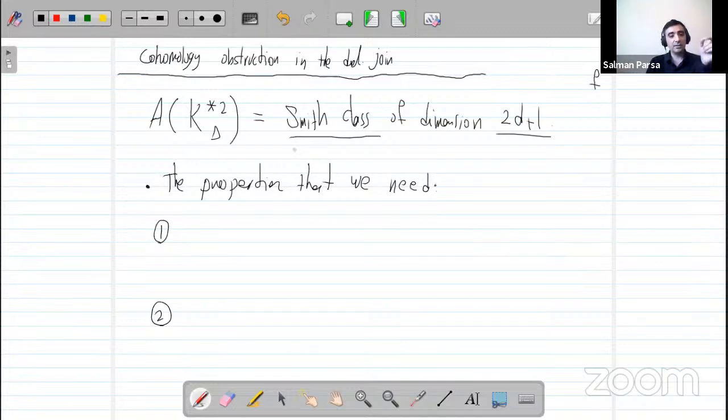So these Smith classes give us a way of defining, independently of any function, these obstructions to embeddability in both joins, deleted join and deleted product. That's why I use the Smith classes, because they have a definition that is independent of any function or any other external thing. And because of this property, it's straightforward to compute the classes of the join in terms of the classes of the factors.